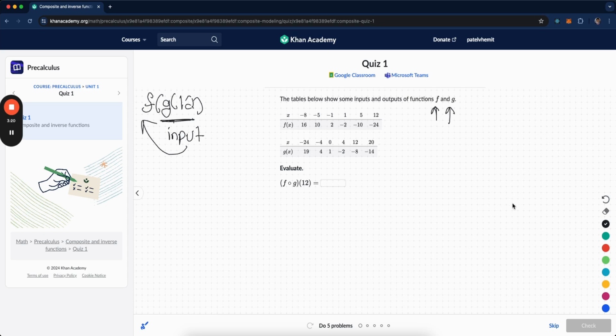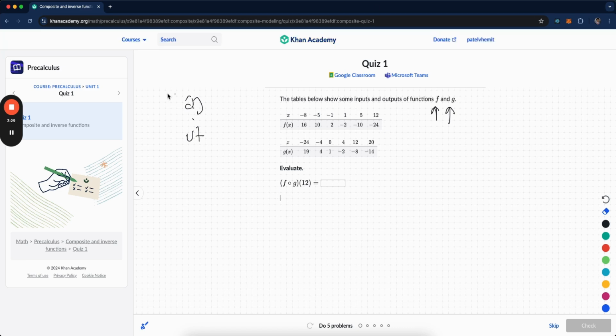So let's go ahead and solve this. Alright, again, I'm going to clear this up and let's get into it. Alright, so as I said, it's going to be f of g of 12 because 12 goes into g, g does some magic, and the output of that magical thing becomes the input of f, and then f gives us whatever, which goes into here, right?